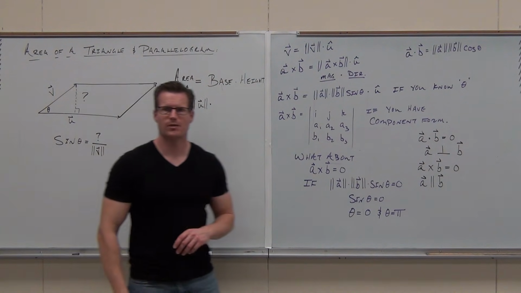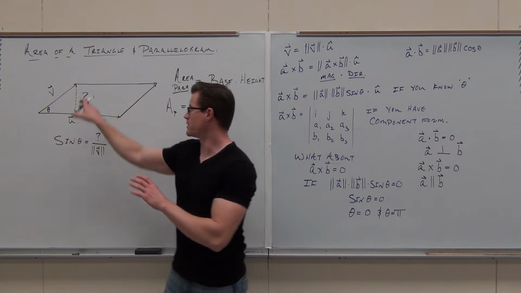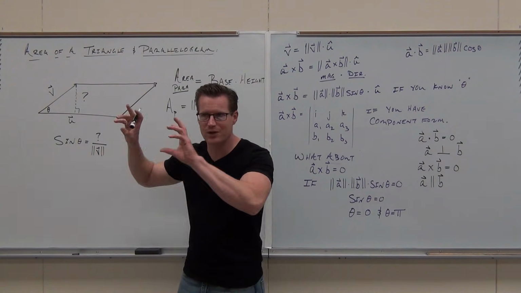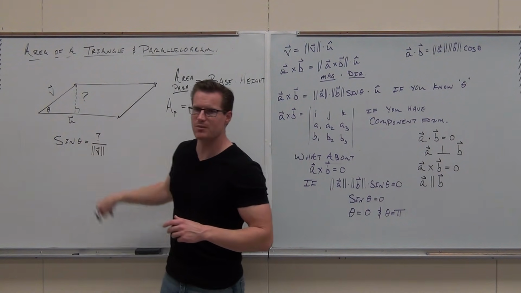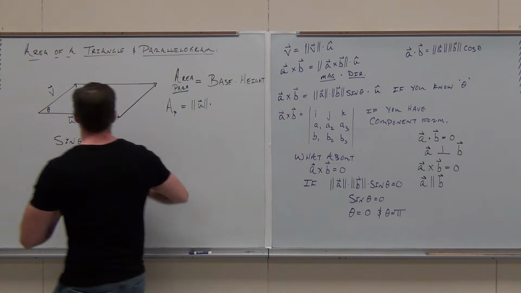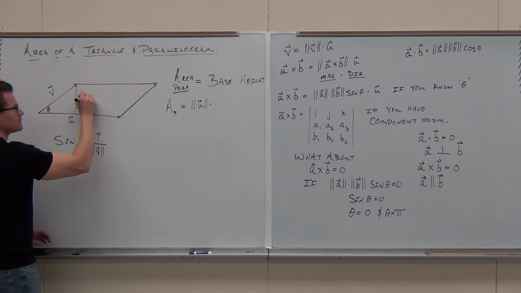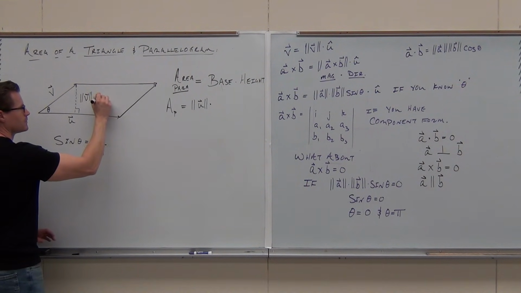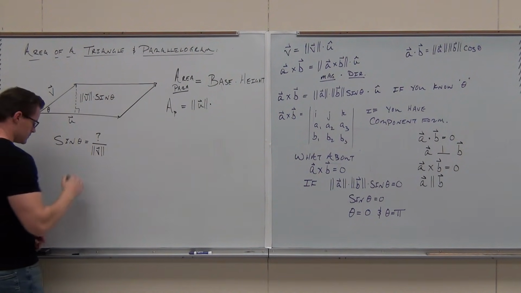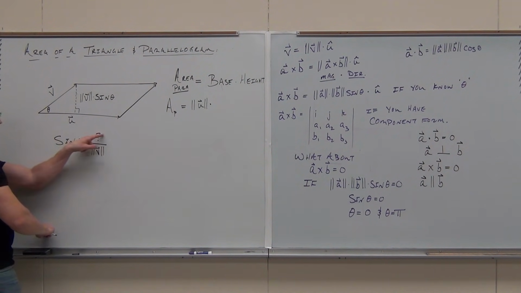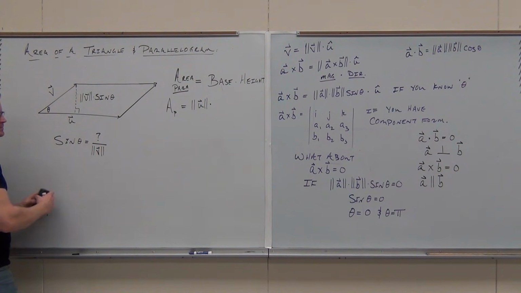Do you guys get what I'm talking about? It's weird because we got a question mark, but I want to put the thing up here. So if I solve for the question mark, basically just multiply both sides by the magnitude of v, we got this side: magnitude of v times sine theta.